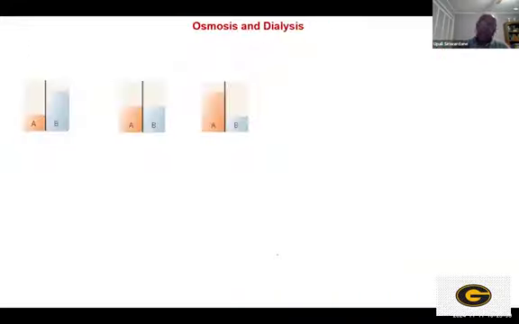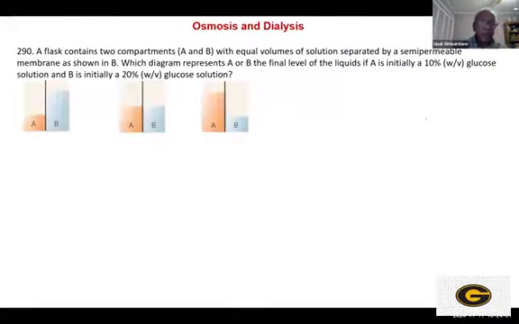Let's answer a few more questions. There's a diagram given here. There are two solutions, A and B. That's the beginning. A is 10%, B is 20%.